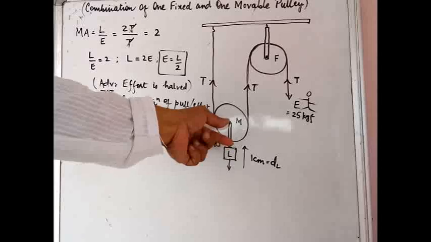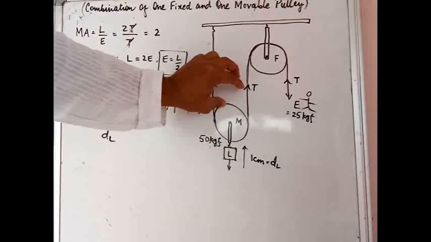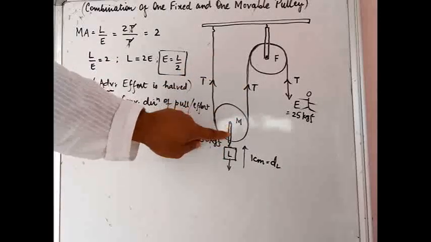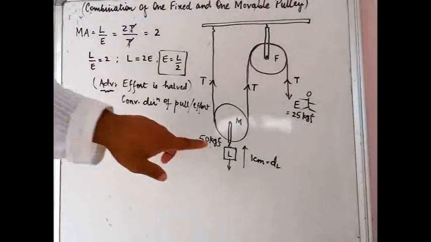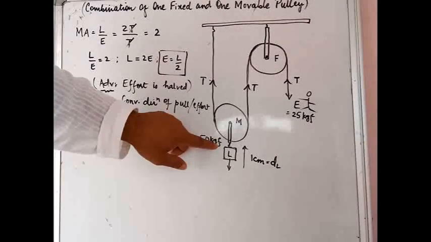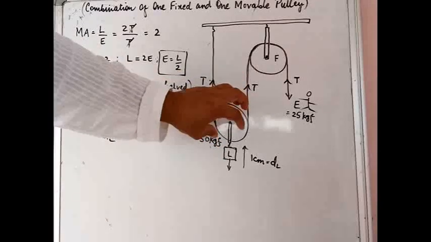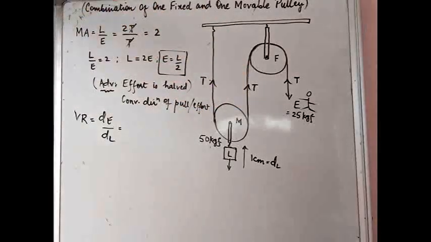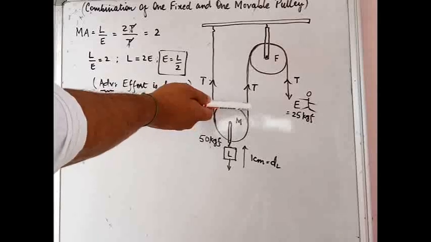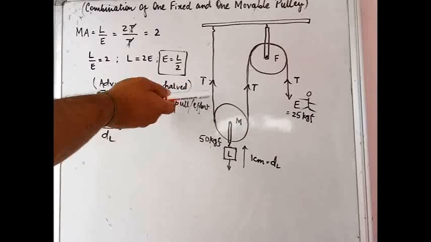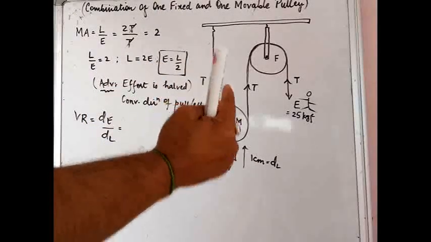So this load moves up by 1 centimeter. That will only be possible when this pulley moves up by 1 centimeter, because this is directly attached to the metallic portion and the hook of the pulley. So when this pulley moves up by 1 centimeter, it is very logical to visualize that this particular side of the tackle and this particular side of the tackle both will have 1 centimeter of release.